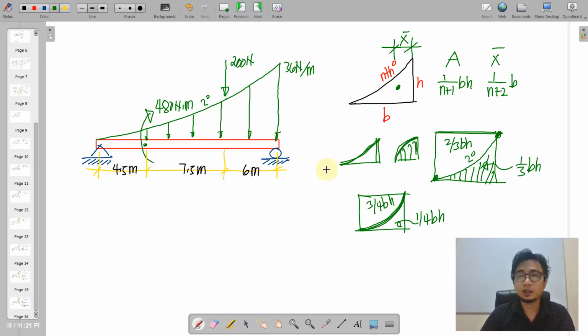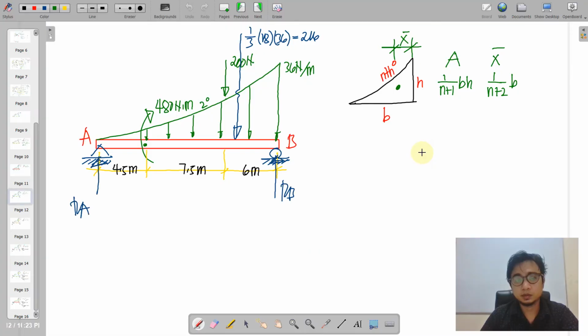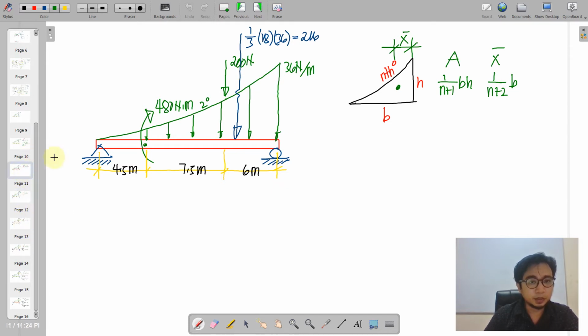In dealing with this type of spandrel, ratio and proportion can always be applied here, whether it is a first degree or a second degree or a curve. So to give you an idea on that ratio and proportion, if we have here a triangle, you just have to ratio and proportion the base and the height.